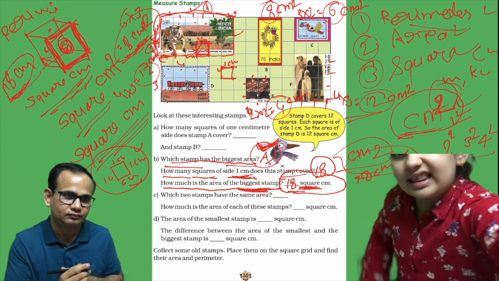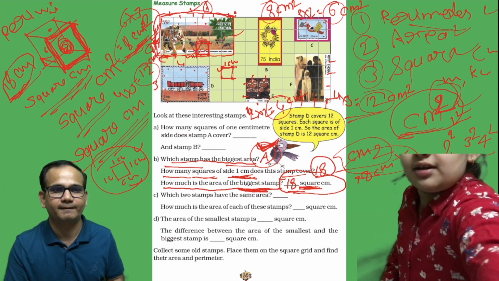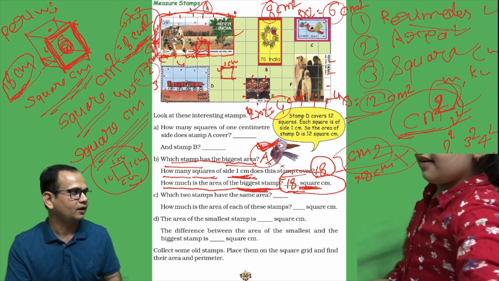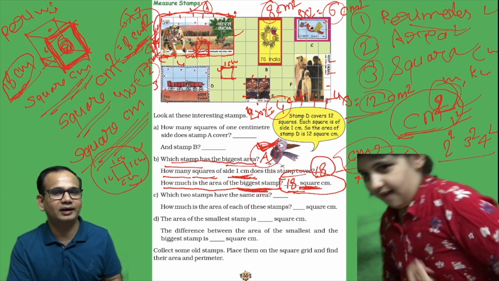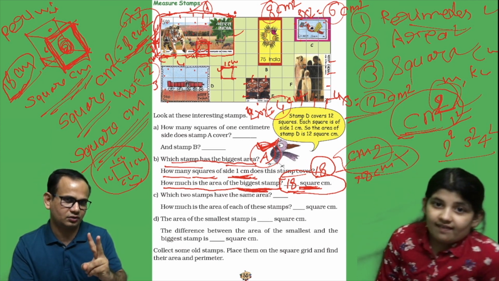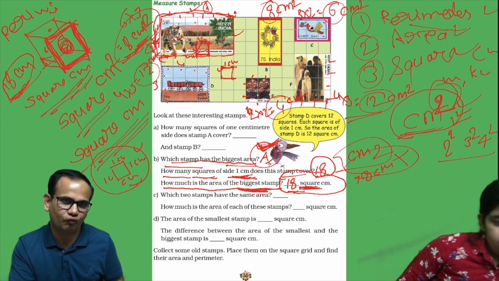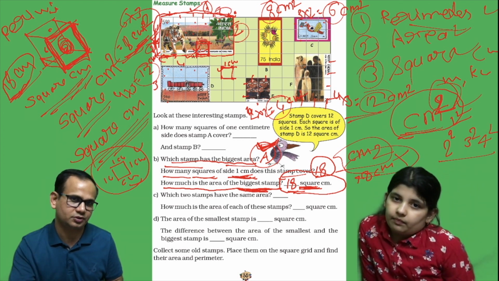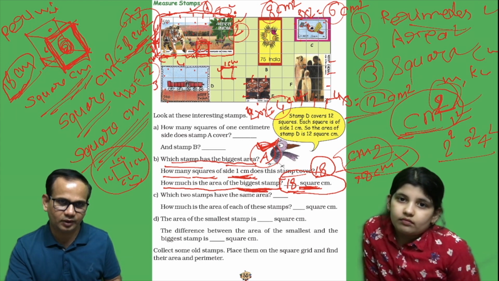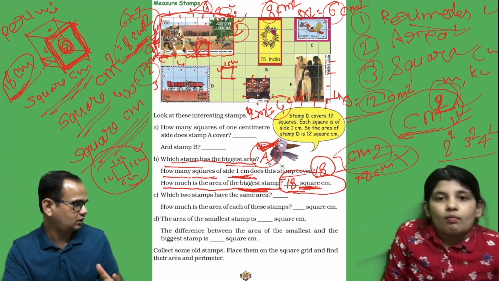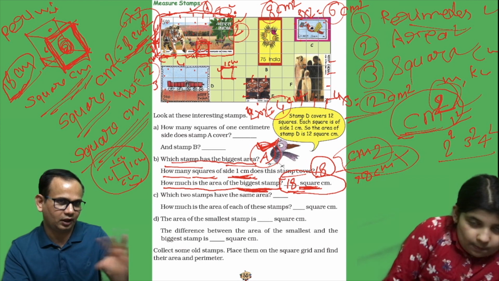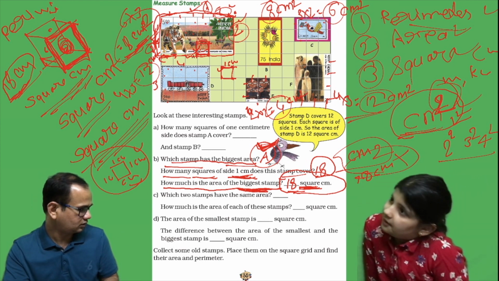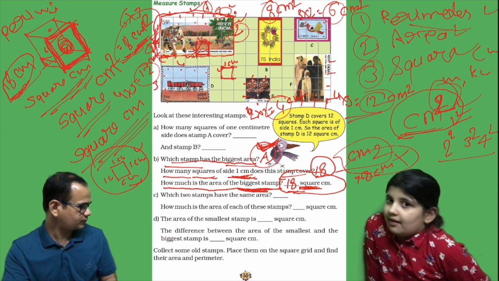Multiplication will be with 2 dimensions only. We cannot multiply every dimension. For perimeter, you have to add all the dimensions.